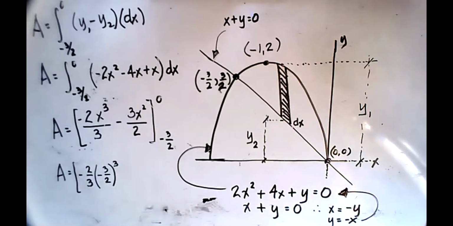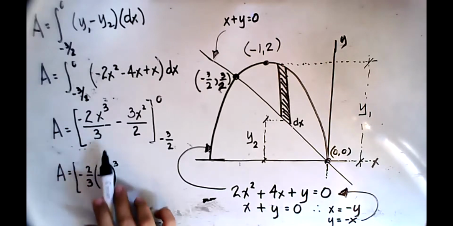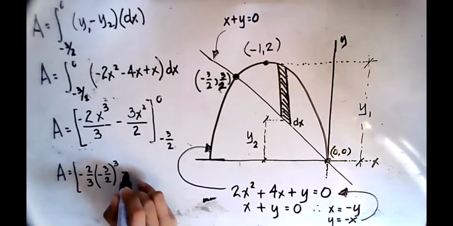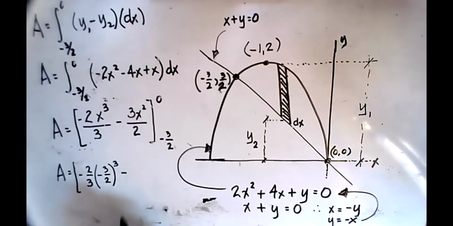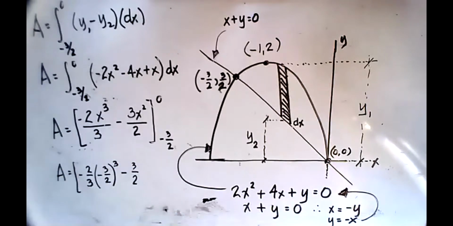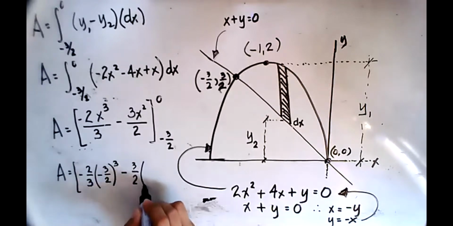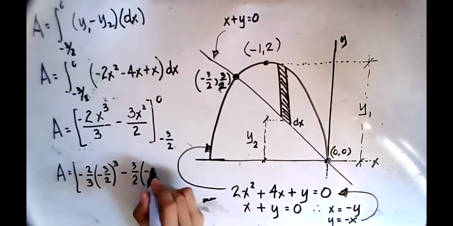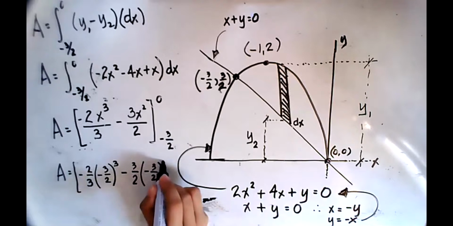Okay? So you have 2/3 times negative 3 halves cubed minus 3 halves times negative 3 halves squared.